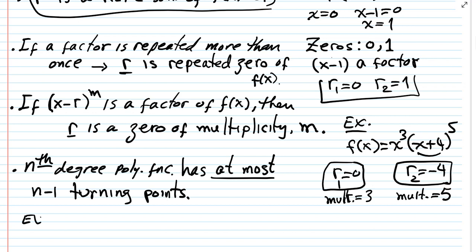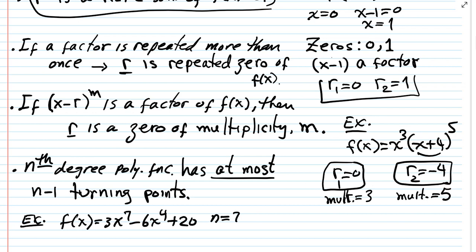Okay, so for example, suppose f of x is 3x to the 7th minus 6x to the 4th plus 20. I just made some bizarre polynomial. Not bizarre, but kind of unusual because it's a high degree. This is a 7th degree polynomial, right?